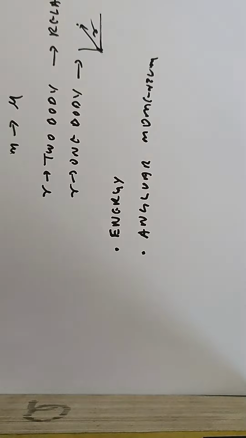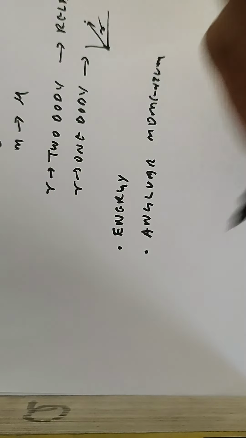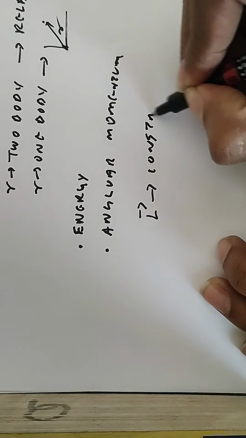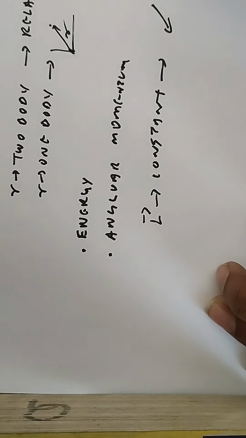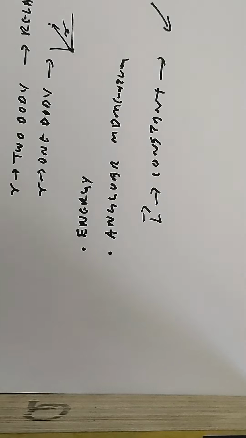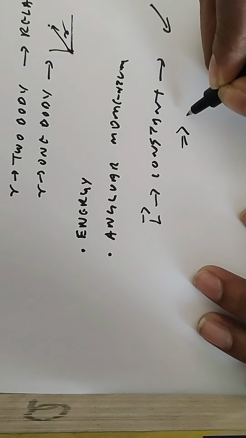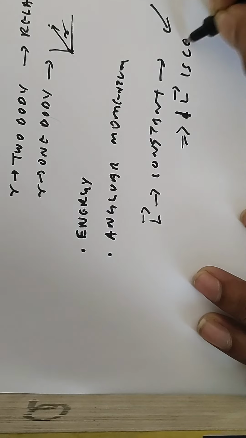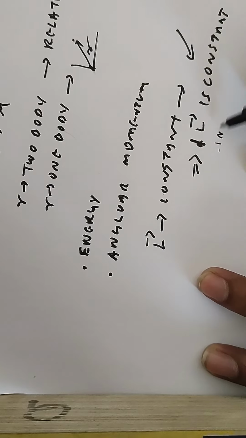Now, we saw in the two-body problem, the energy and angular momentum are the constants of motion. We saw E is constant because the gravitational force is an internal conservative force. And secondly, the L vector is constant because the force is directed towards the center, towards the origin. This implies the L vector is constant in time.